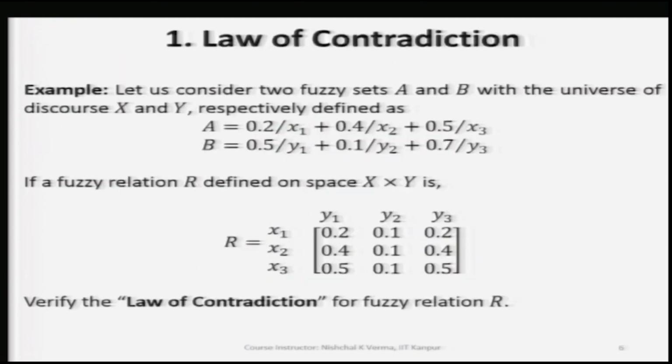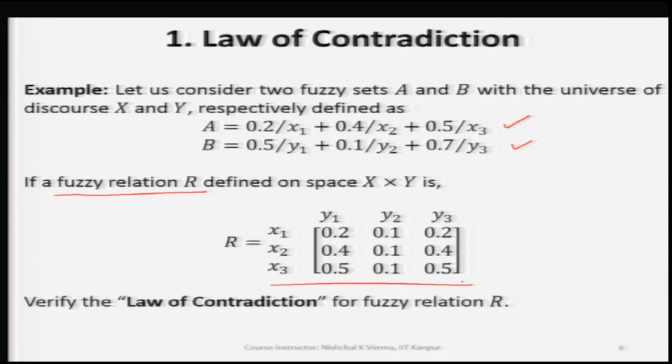So, let us understand this again by taking one example here. If we have two fuzzy sets capital A and capital B, both these fuzzy sets are discrete fuzzy sets. Let us form a relation quickly. Let R be a fuzzy relation which is represented by the relation matrix here.